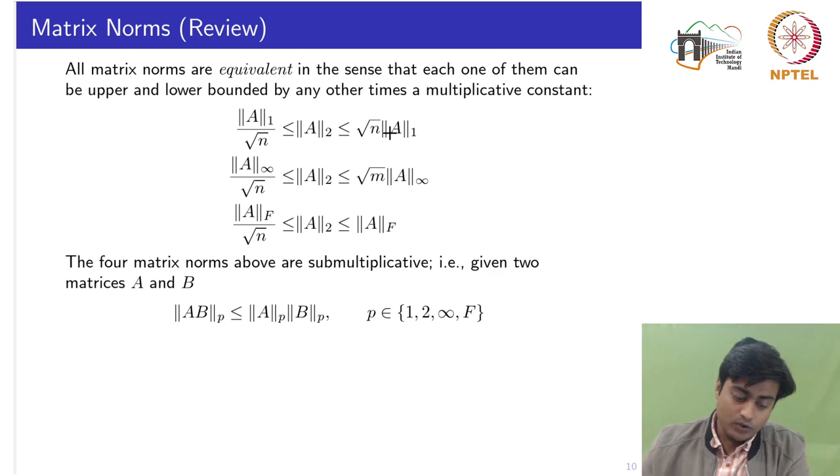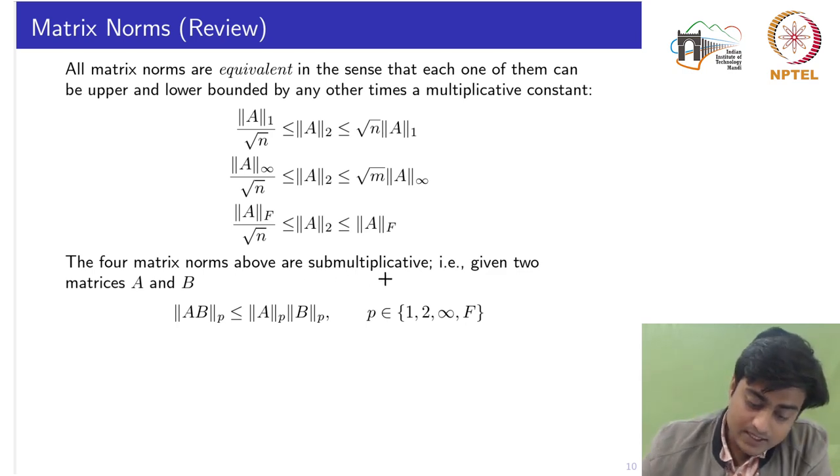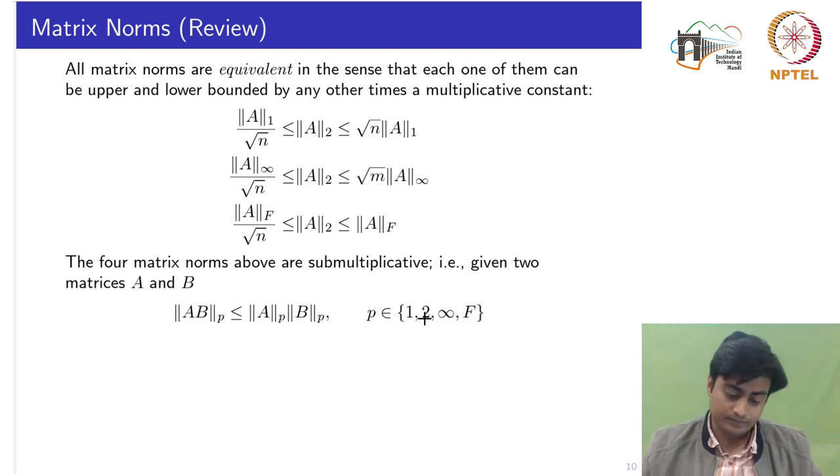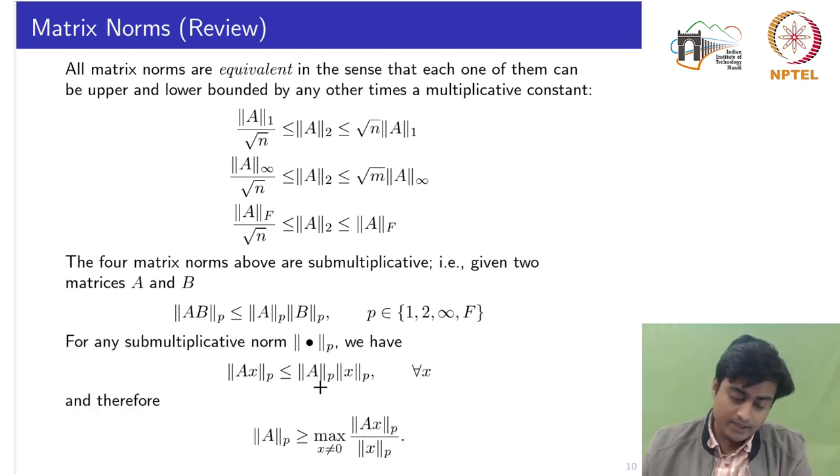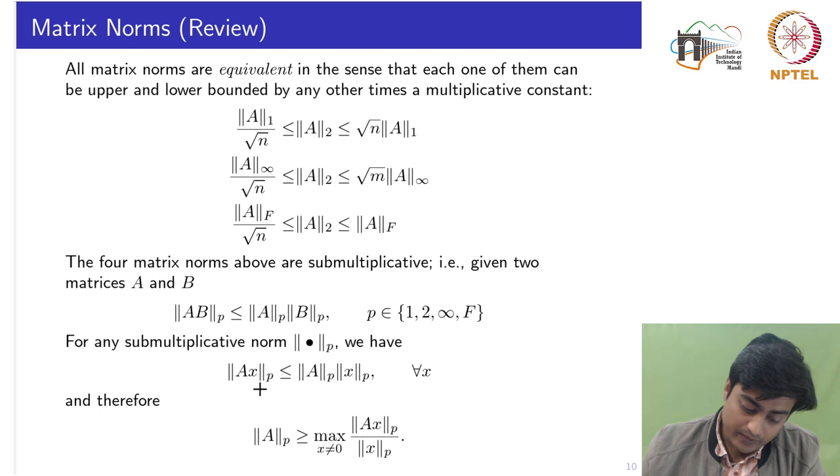The four matrix norms we discussed above are sub-multiplicative, in the sense that the norm of the multiplication of two matrices is less than or equal to the multiplication of their individual norms. I wrote this p because p belongs to 1 to infinity, including the Frobenius norm. So for any sub-multiplicative norm, we have this relationship.